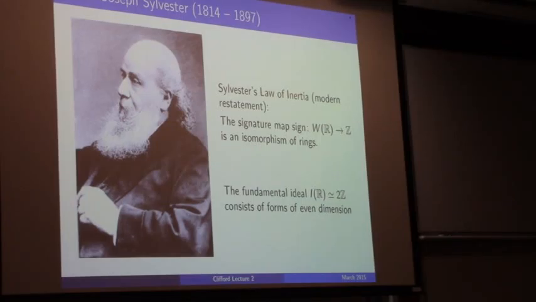For the Witt ring of the real numbers, the homomorphism given by taking a quadratic form to its signature is an isomorphism of rings. So in this case, the fundamental ideal consists of even-dimensional forms, and those correspond to even signatures.